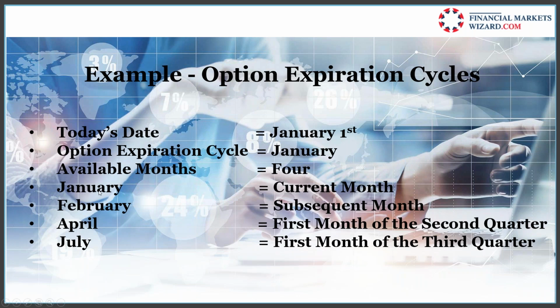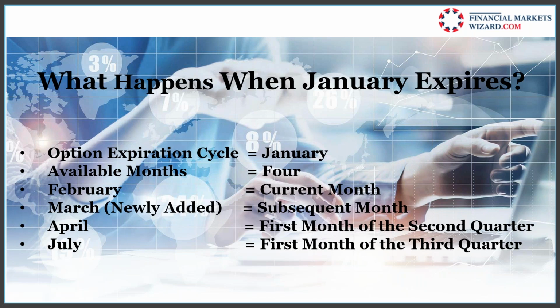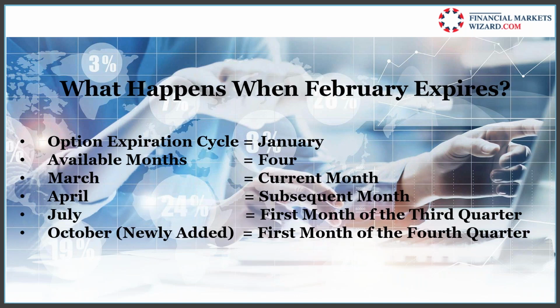So how did it progress? It was January, February, April, July. Then when January expired, we got March added as a subsequent month. And then when February expires, March becomes the current month, and April, which was listed before, becomes the subsequent month, and July stays there.